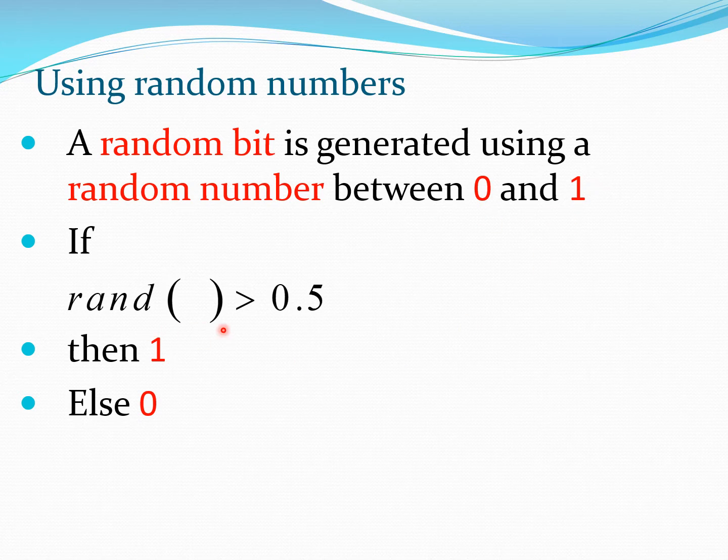So if rand is greater than 0.5, you select 1, and if it is not so, you select 0. So essentially you generate random numbers like this, and if it's greater than 0.5, you put 1. If it is less than 0.5, you put 0. You can very easily code this as a function or as a subroutine in a computer program, and then you can generate a plethora of bits.